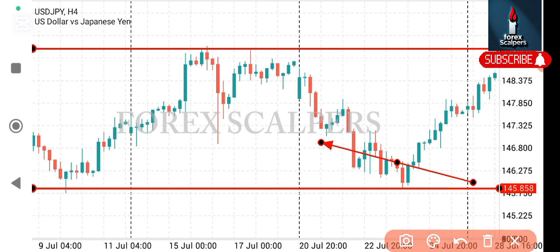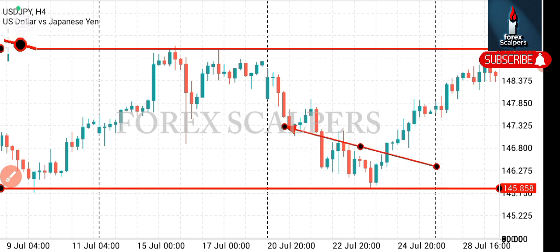So what you need to do is pick the last highest candle in this zone before this move to the downside, the candle with the highest high. You will mark the high of that candle and the low of that candle.